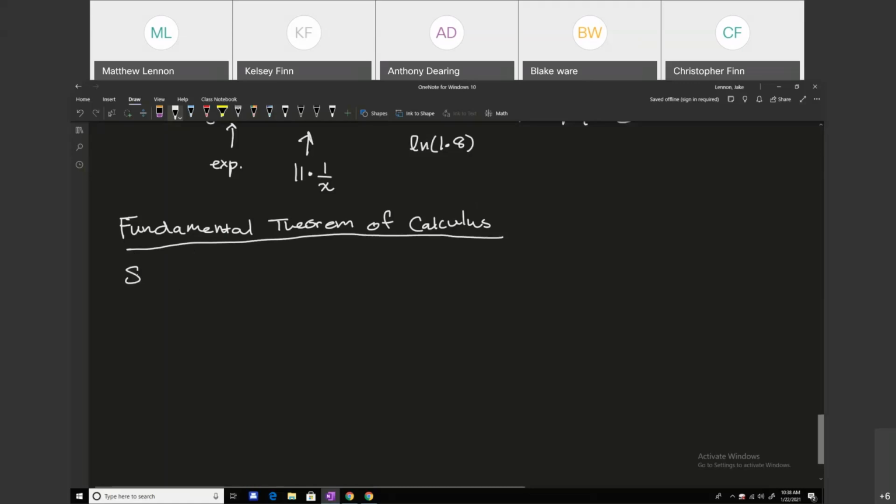So we start with a hypothesis. We have a function that is continuous.